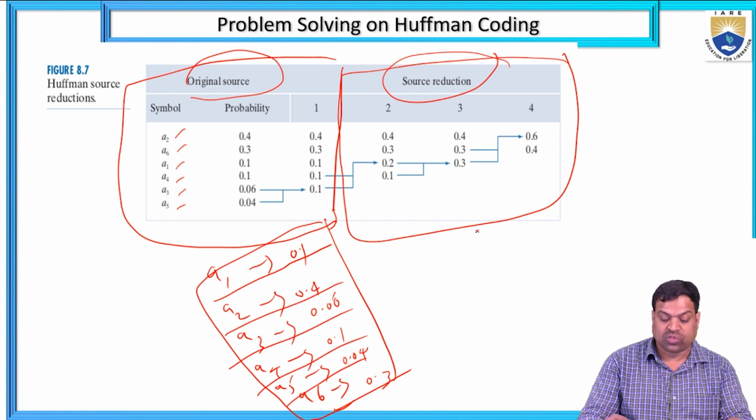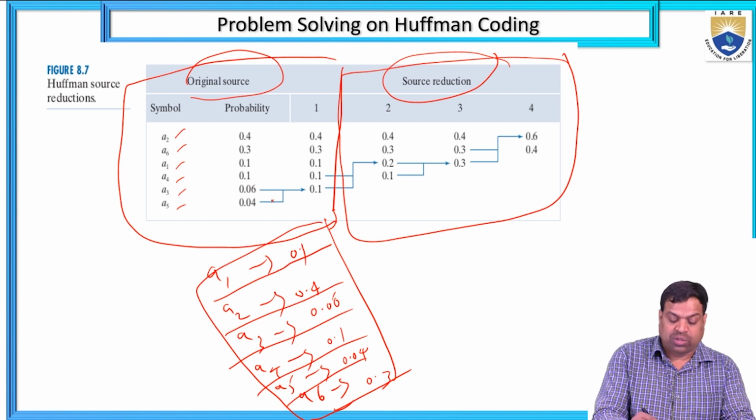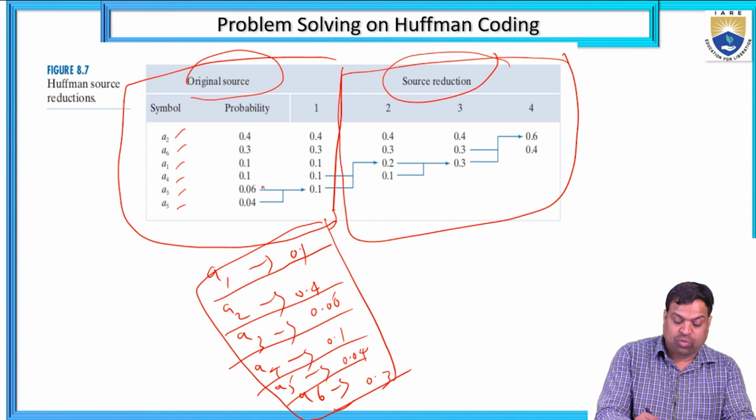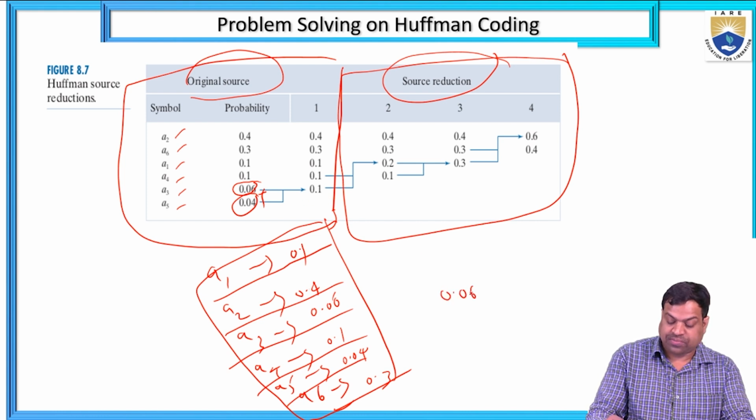When we go from the original source to the source reduction, what is the process? I take the bottom two, 0.06 plus 0.04, which is equal to 0.1.